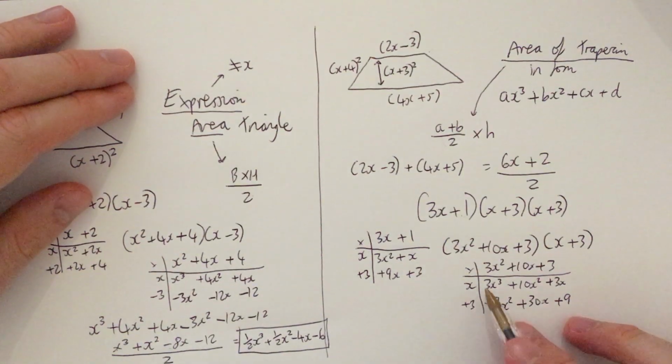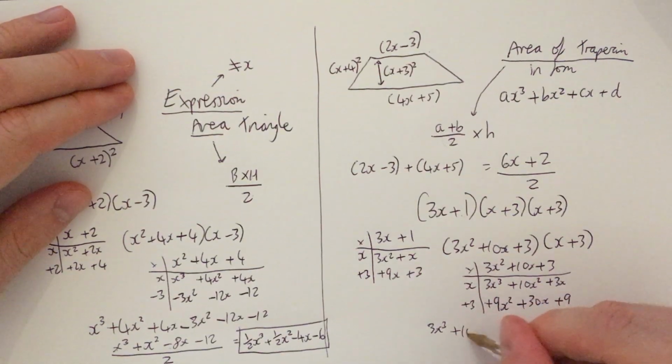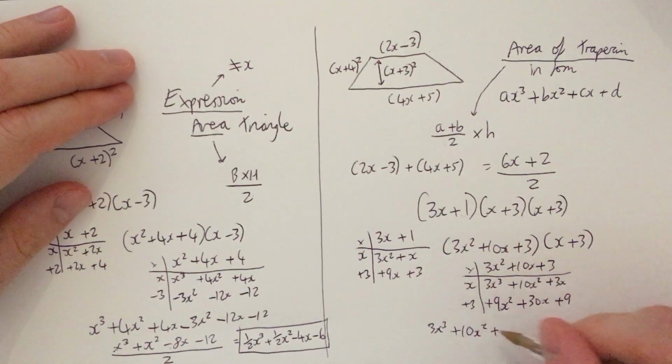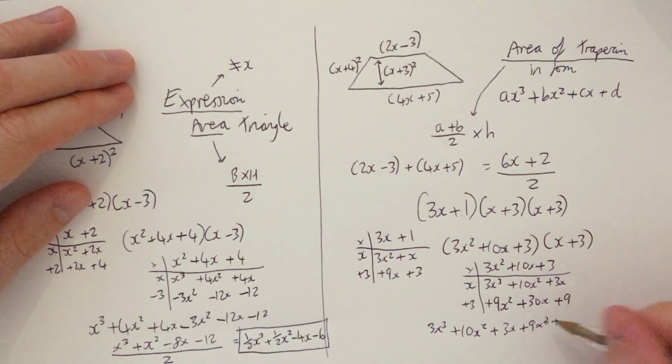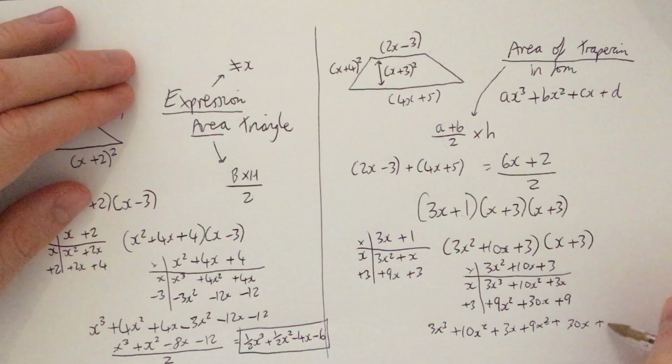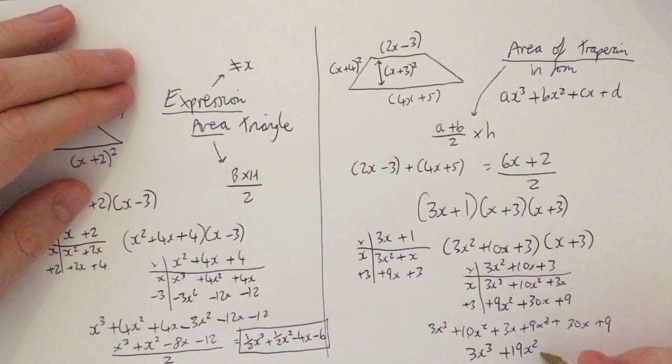I'm now going to simplify that. So 3x cubed remains by itself. Hopefully you can still see it on the screen. 10x squared plus 9x squared will be 19x squared. 3x plus 30x is 33x, and then you add the 9.